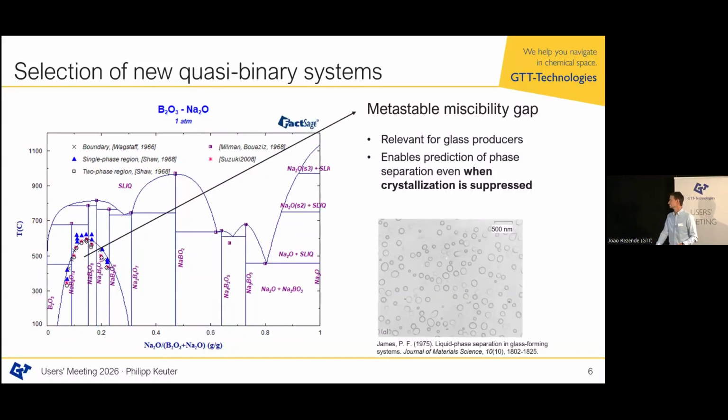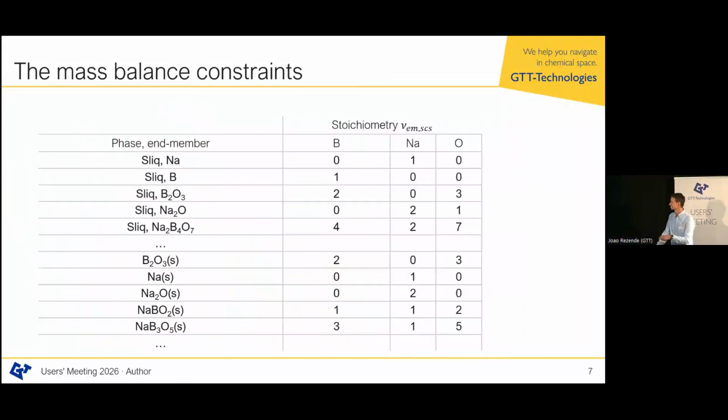So, by including it in the modeling, you can use a database to, for example, do glass design and find out if that is a promising composition or if that composition is maybe prone to liquid phase separation that makes it much less interesting for glass application. As you, for example, see here, where you can easily imagine that the optical properties are not so good.